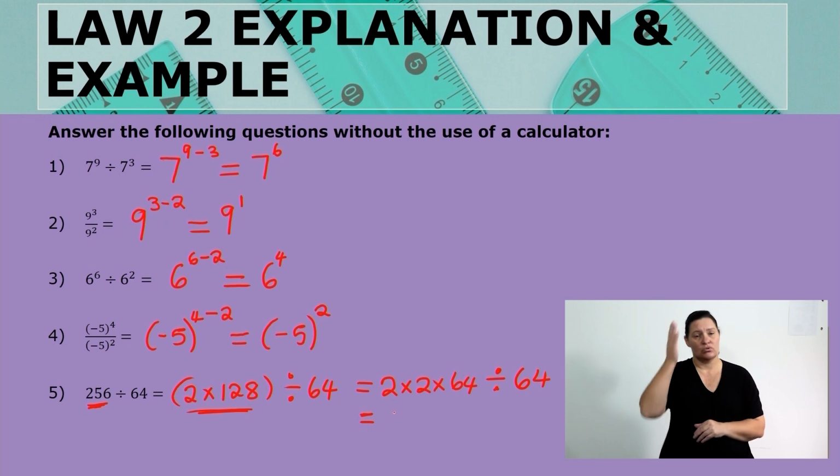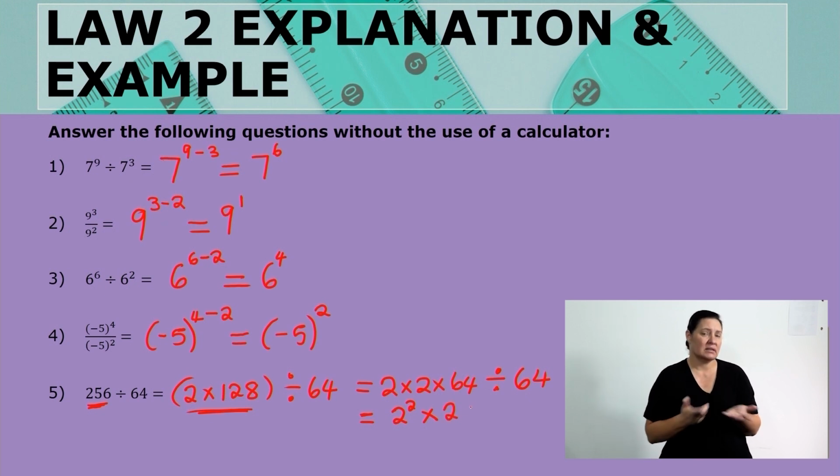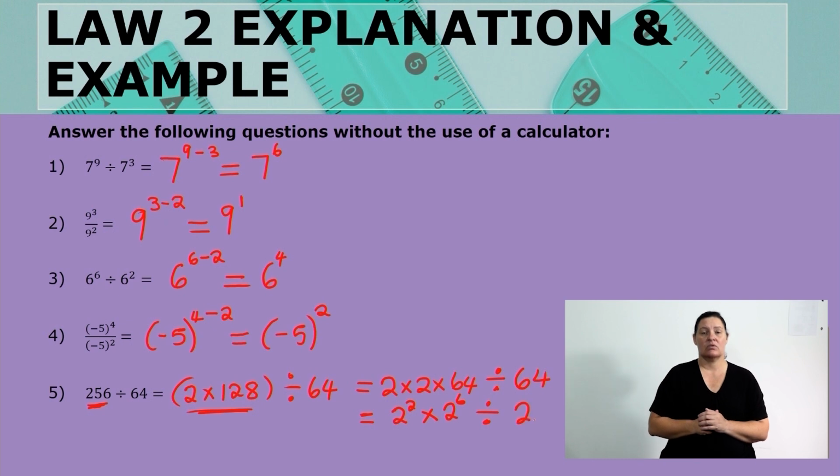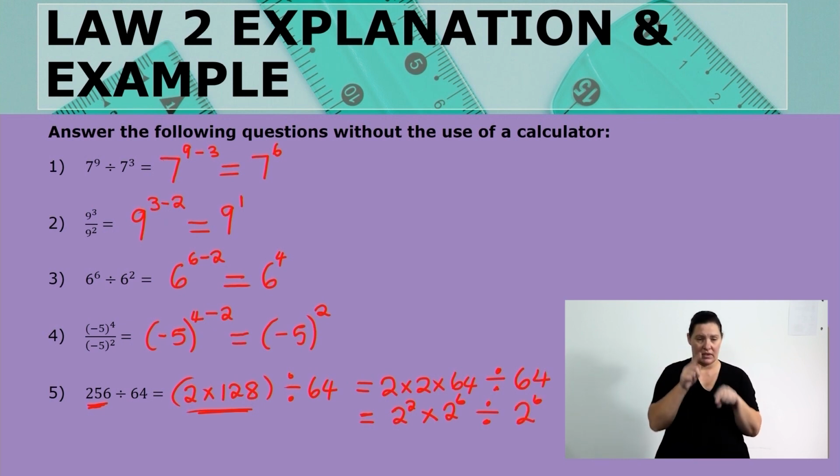Now, we already know from previous examples that 64 can be written as 2 to the exponent 6. So I am going to write that as 2 to the exponent 6 with both 64s, and then we are going to apply our laws. We already learned that when we are multiplying, we are going to add the exponents.